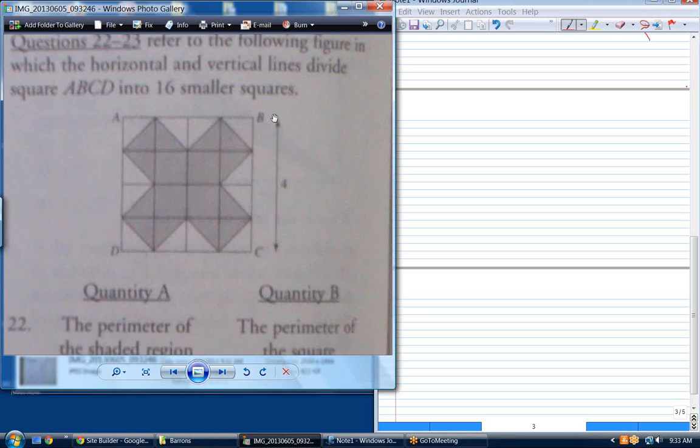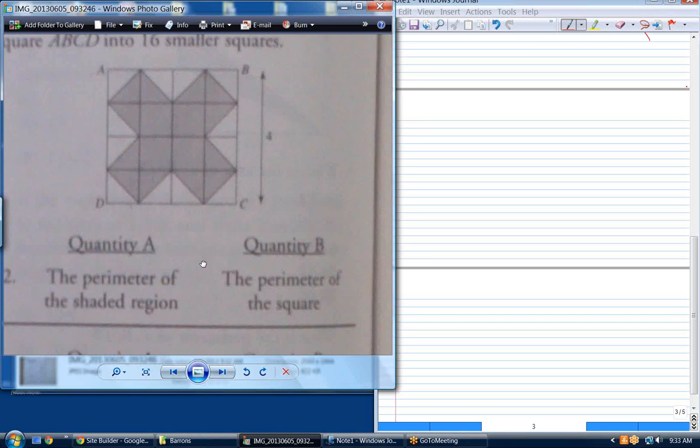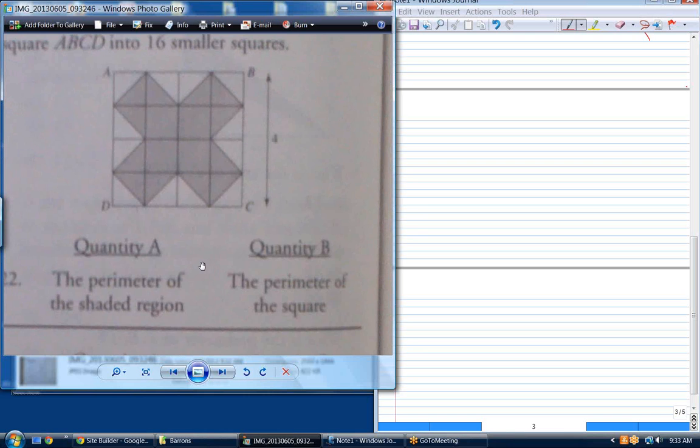Okay, so we have a 4 by 4 square that's broken up into smaller squares equally. The perimeter of the shaded region versus the perimeter of the square.